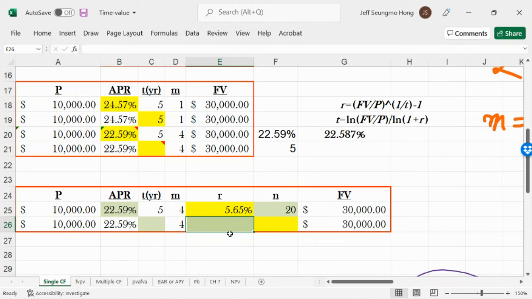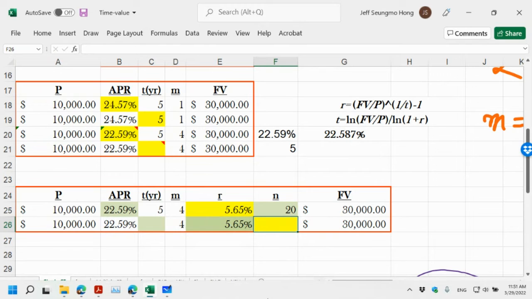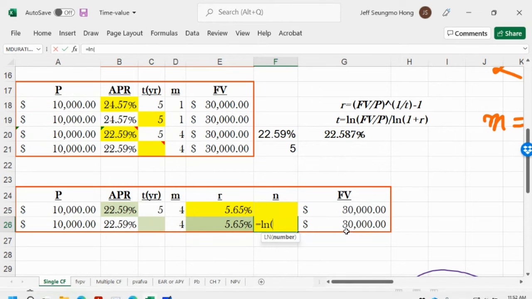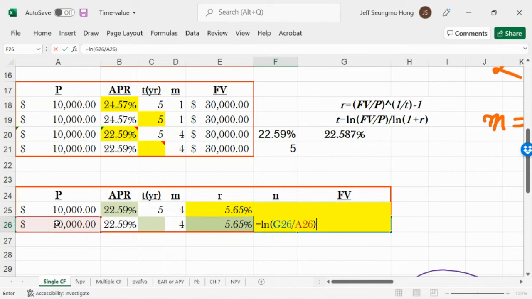First, we will need the periodic rate, which is simply APR divided by M. And then we will get the 20 quarters, the actual number of compounding. All you need to do is natural log of FV over P, divided by natural log of 1 plus R.